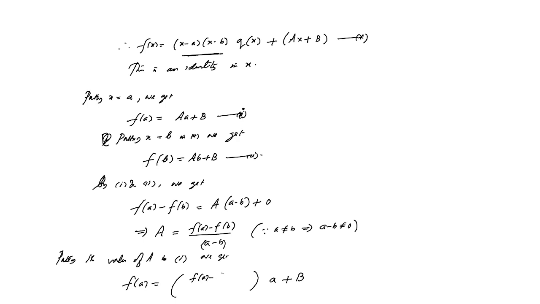This is [f(a) minus f(b)] by a minus b. And by simple calculation here you can find the value of B. This is basically f(a) minus a multiplied by [f(a) minus f(b)] by a minus b.